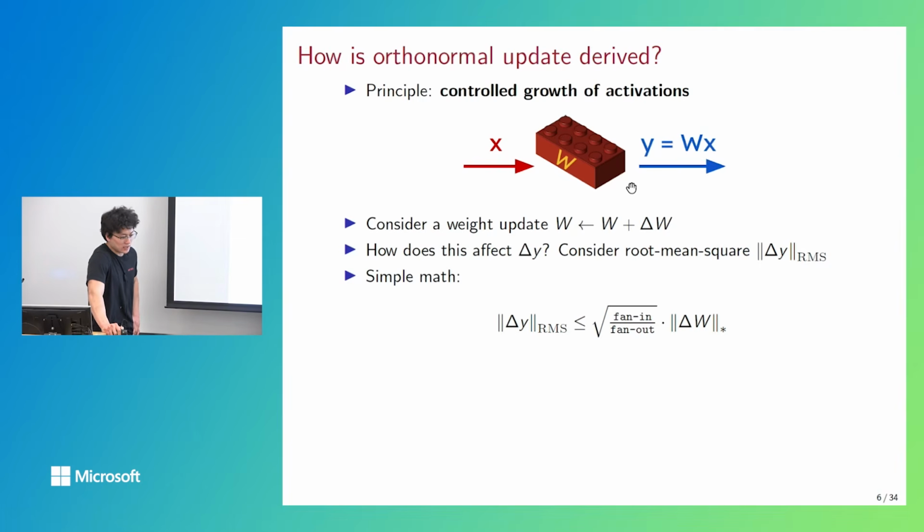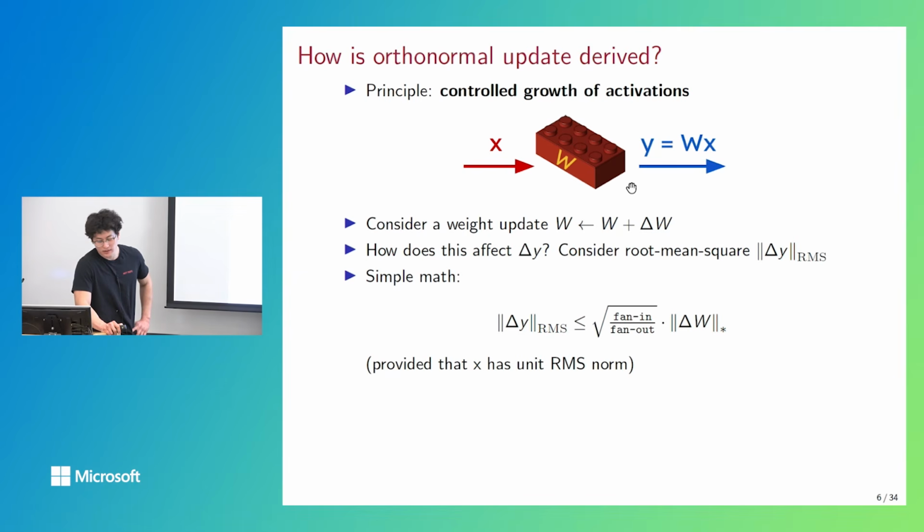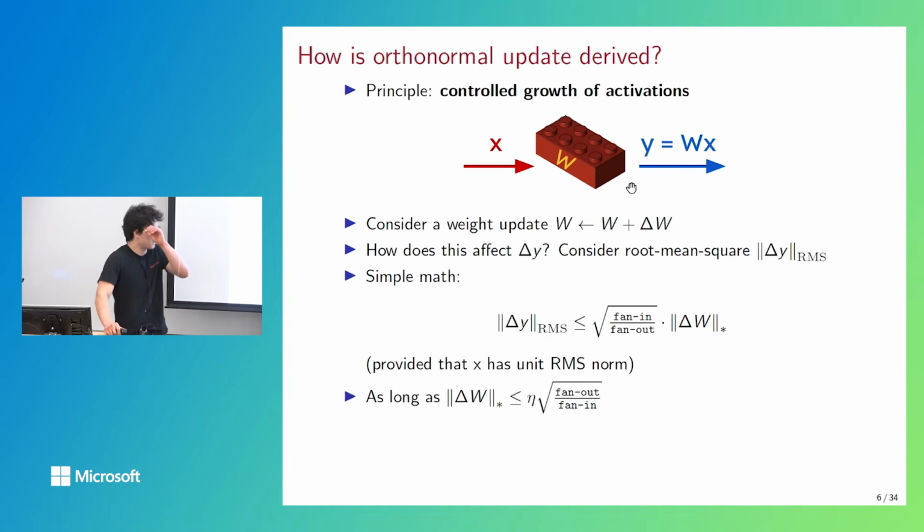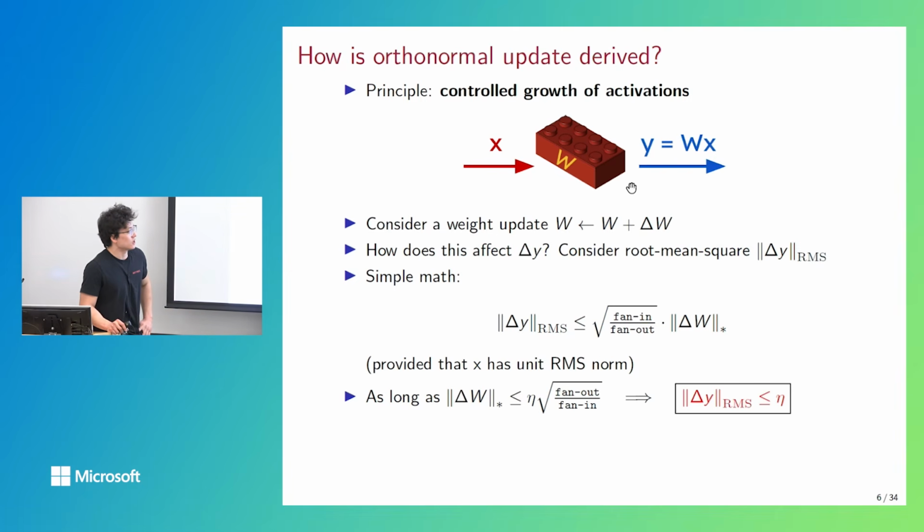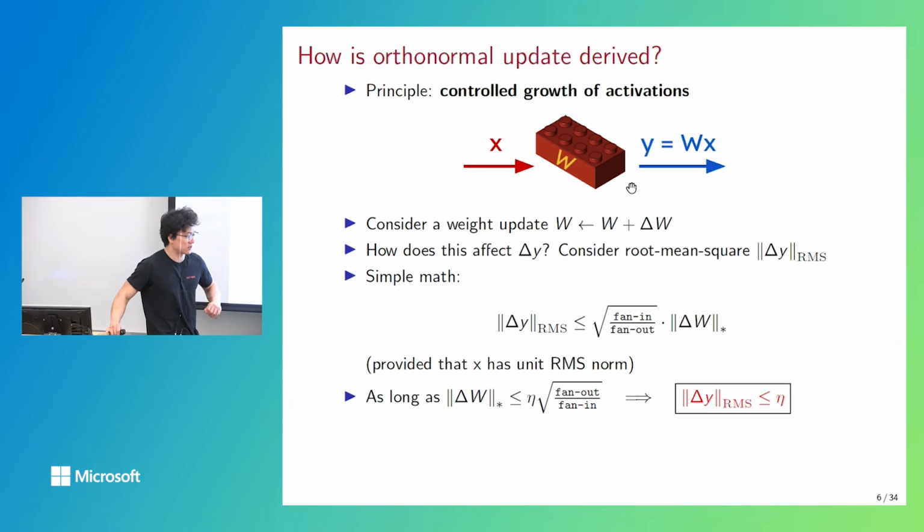So what this inequality is showing you is that as long as you keep the spectral norm of the weight update bounded by this quantity, it guarantees you that in the worst case, delta Y's RMS norm is bounded by some desired target eta. Okay?